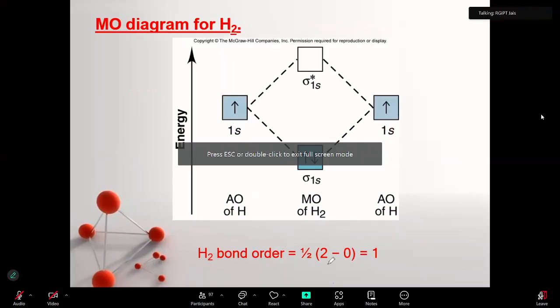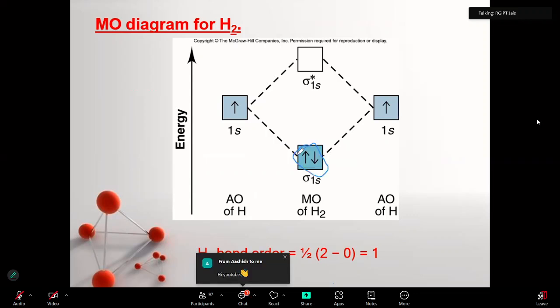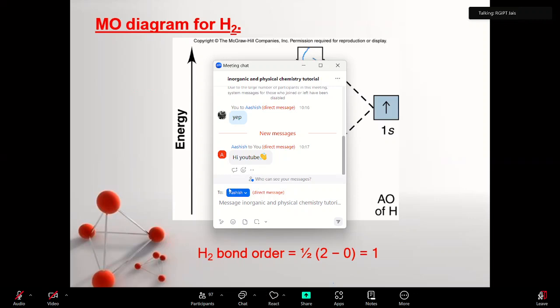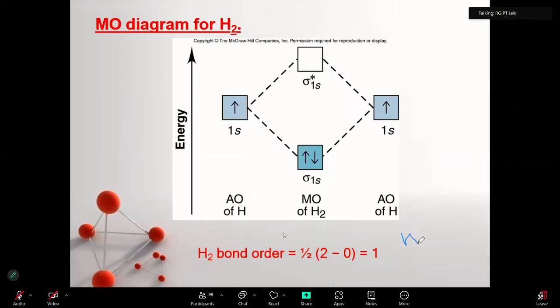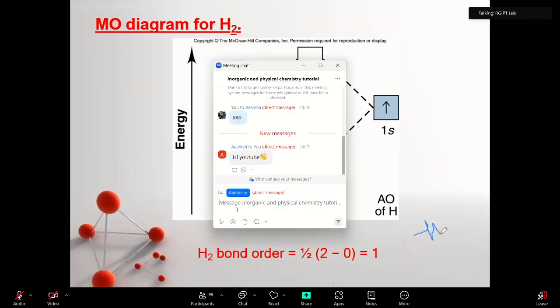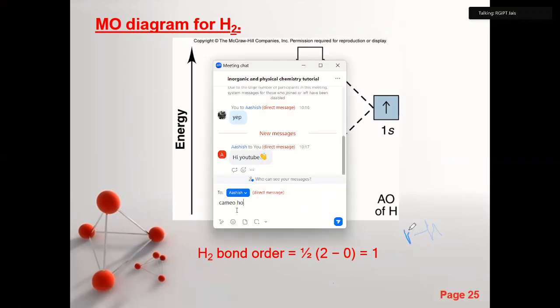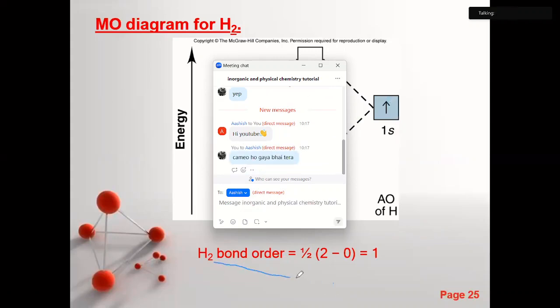Then the total bond order is half of the number of electrons in bonding, 2, minus anti-bonding, that is 0. Then the bond order of hydrogen, H and H, is 1. Only one bond is formed, and the bond energy in this case is high.